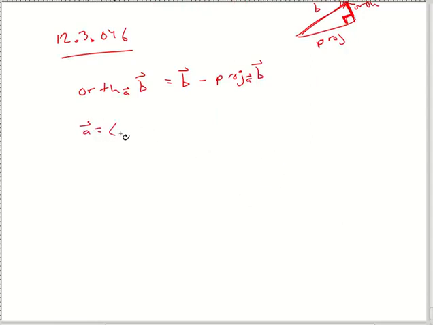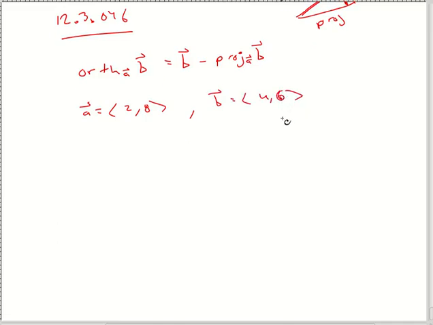A, I got 2, 8. I got B, 4, 6. And so we need to go and find out what my projection is, and then I need to also fulfill this whole formula. So here we go. I'm going to go ahead and use this formula. 4, 6, minus, and then I got to do this projection formula.